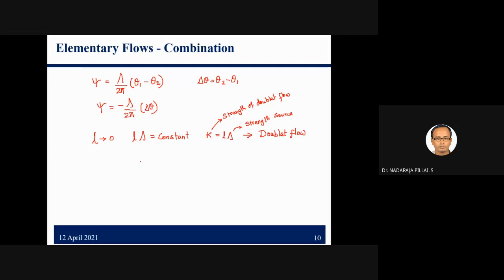What is that limiting case? The stream function psi is equal to limit L tends to 0. If L tends to 0, then kappa is equal to L lambda, that is equal to constant. Then we can write minus lambda by 2 pi d theta.